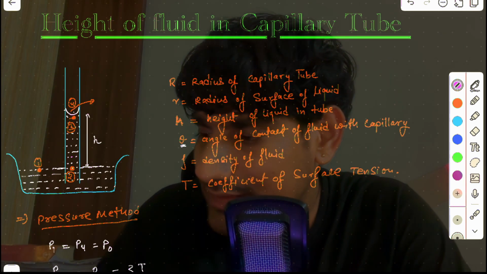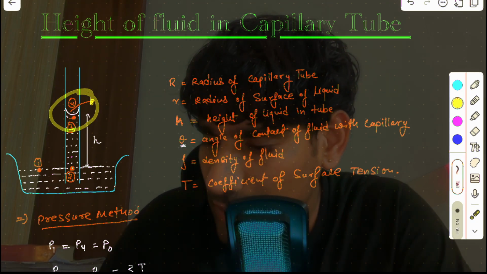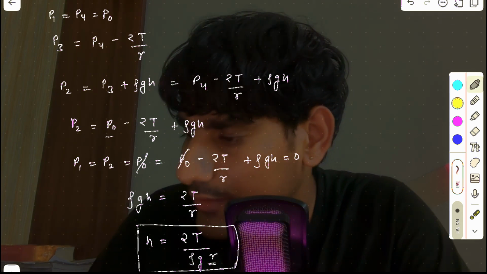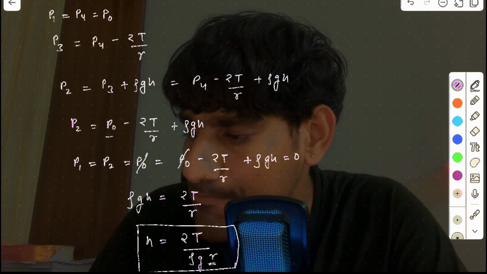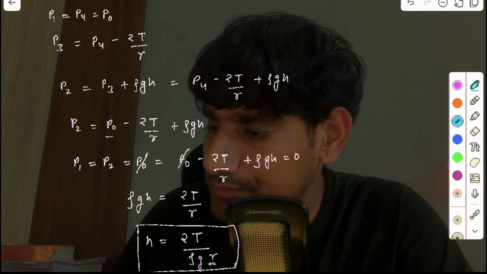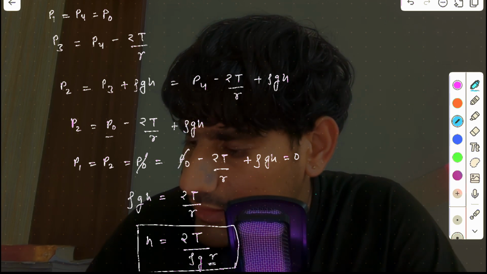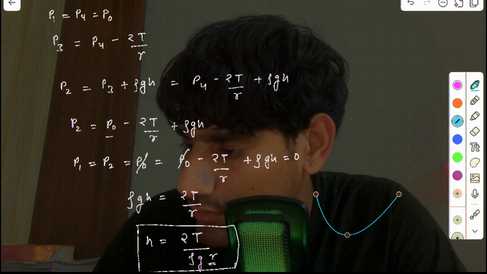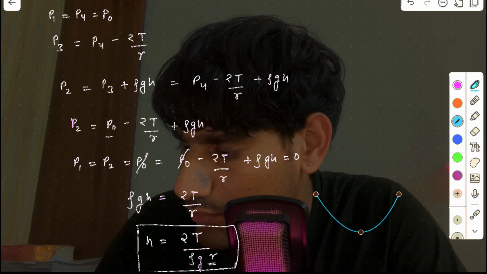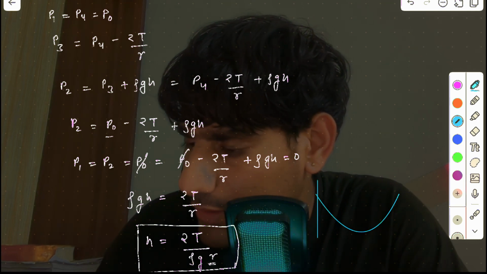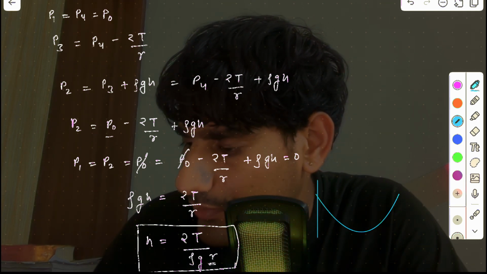So if I redraw this part here, it is going to look like this. We have this surface like this. Okay, this is the perpendicular surface. The angle between them is theta.